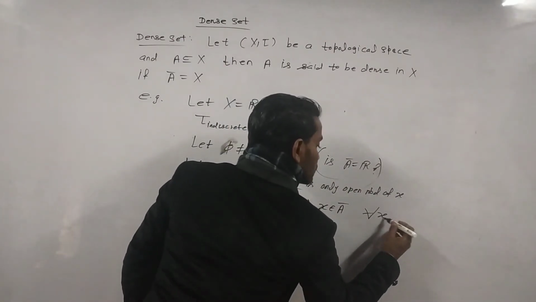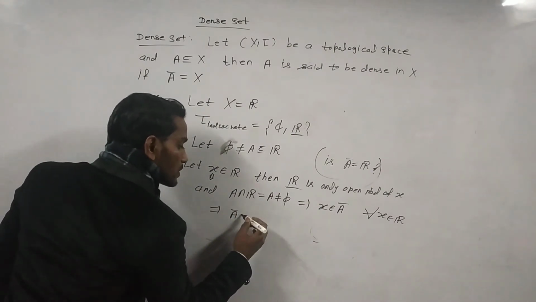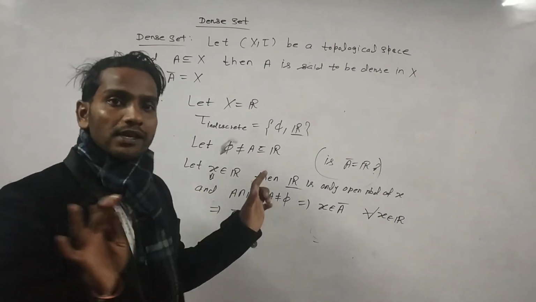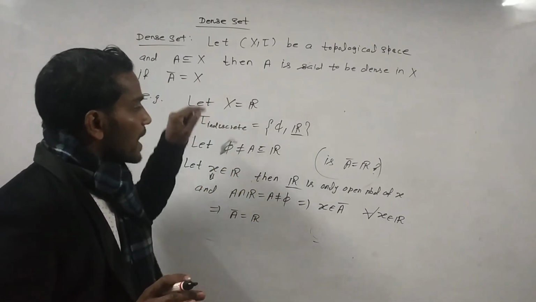For all X belonging to R, this implies A closure equals R. This means if we take any non-empty subset of R, that will be a dense subset of R.